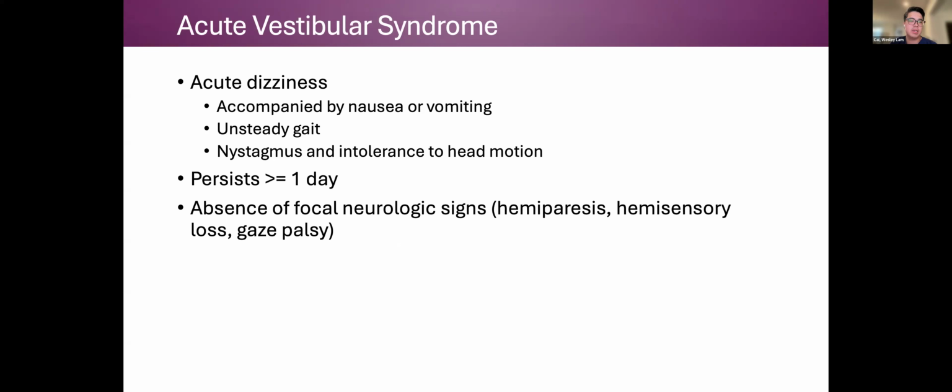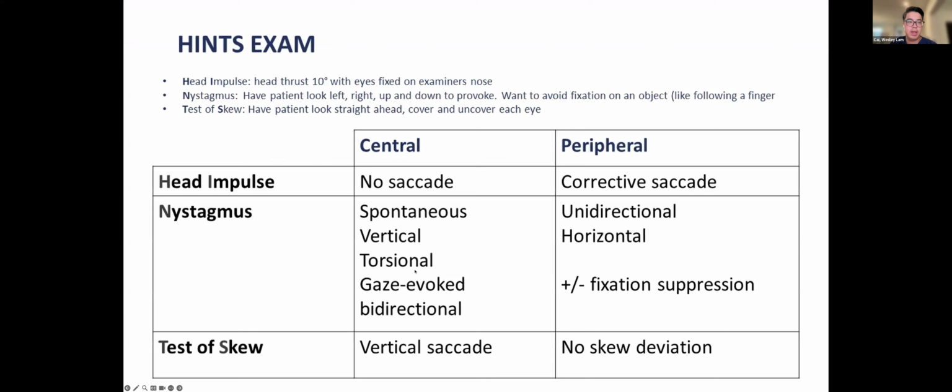They have an unsteady gait, and they have nystagmus that you can see and elicit. And of course, it's important to distinguish that there's an absence of focal neurologic signs like hemiparesis, hemisensory loss, or gaze palsy.